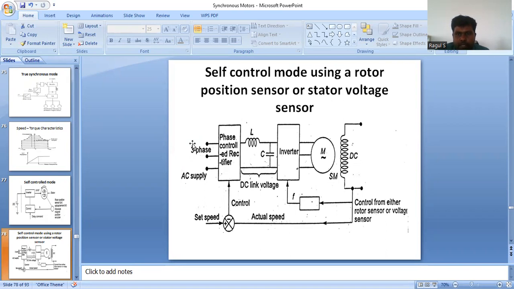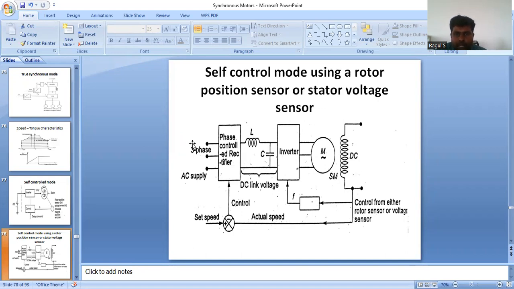Based upon the voltage value, the actual speed is generated. We have already set the speed, so this comparator compares the set speed and the actual speed. That comparator provides the error between actual and set speed. That error is fed to the phase control rectifier. Based upon this error value, the phase control rectifier will be varied, so definitely the DC voltage output will vary depending upon that error.